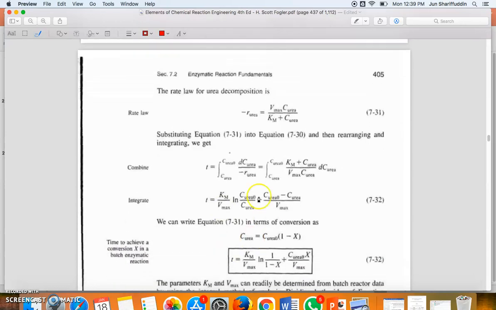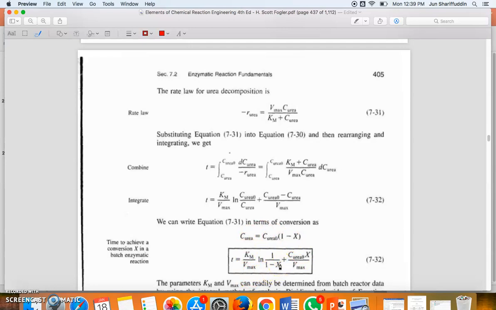You may use equation 7.32 in your textbook to determine the time, provided that you have settled the Km and Vmax and given x.